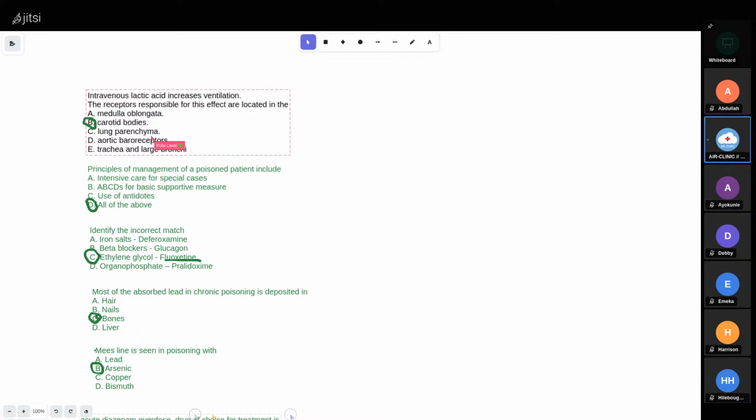Oxygen saturation curve is shifted to the right by all except: increase in hydrogen concentration, decrease in temperature, increase in 2,3 diphosphoglycerate, increase in PCO2.